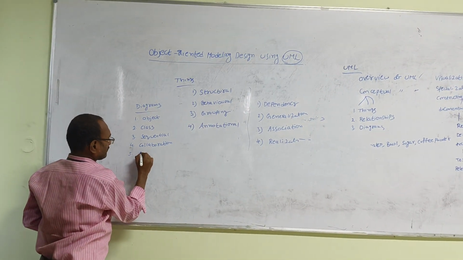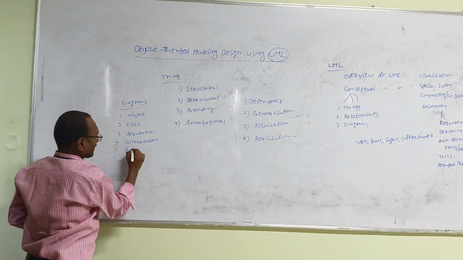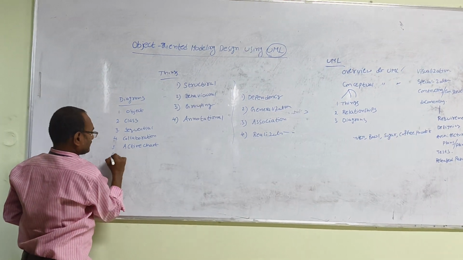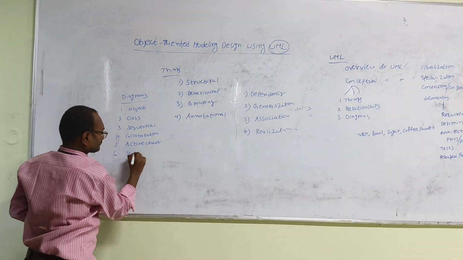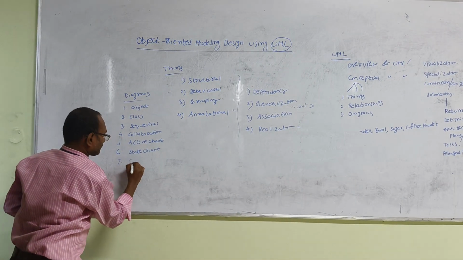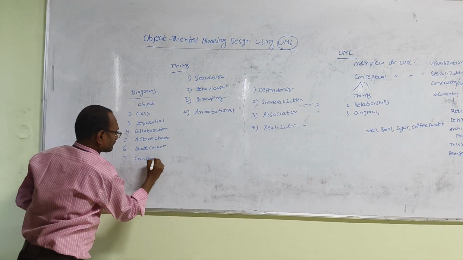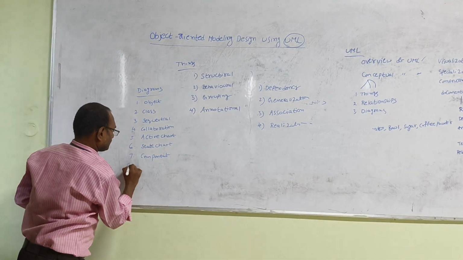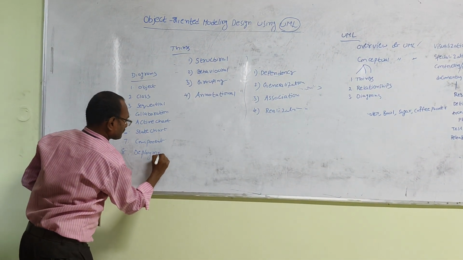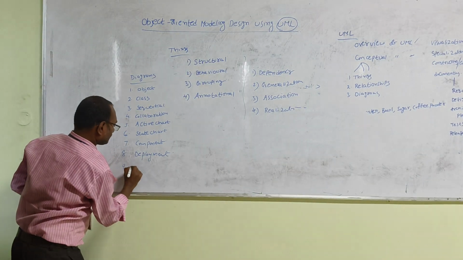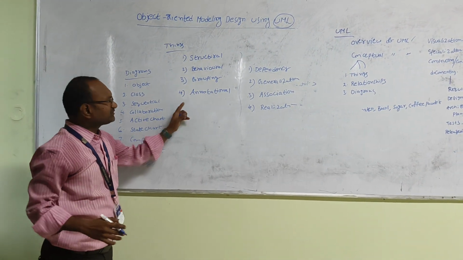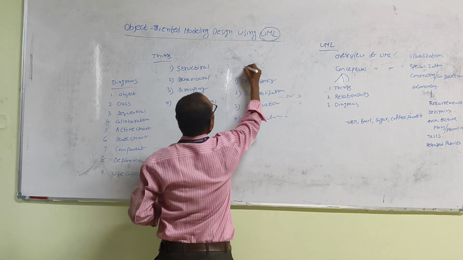Number 5, activity chart. Number 6, state chart. Number 7, component. Number 8, deployment. And another one is use case. So these are all the things, relationships and diagrams.